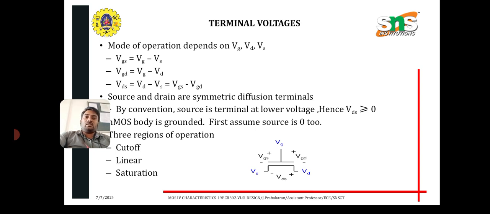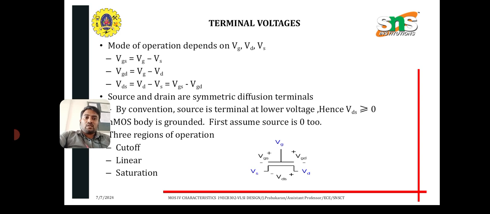And drain is the terminal through which current exits or enters the transistor, depending on the type of transistor, like NMOS transistor or PMOS transistor.